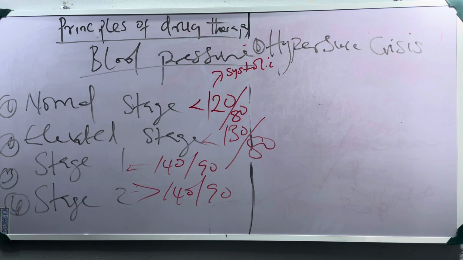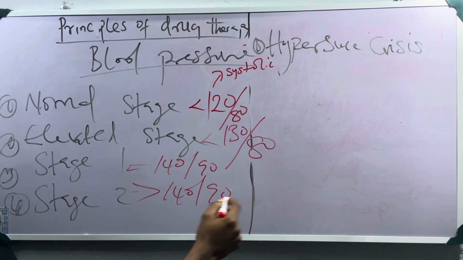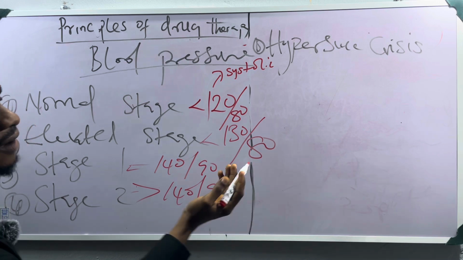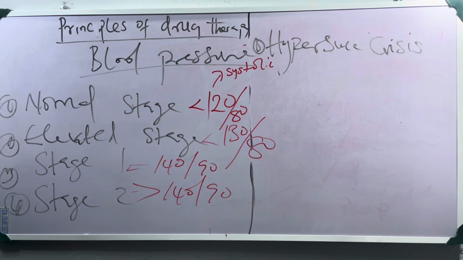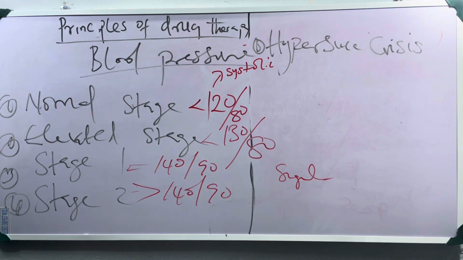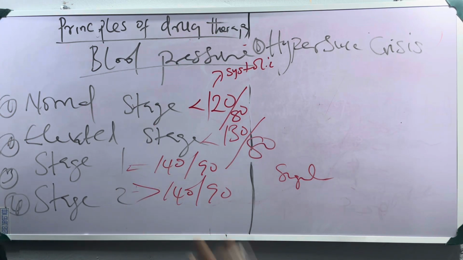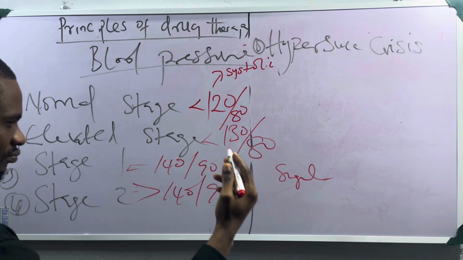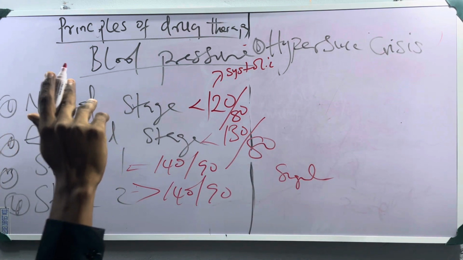You should also understand that if you have a patient who does not have any prior high blood pressure experience, it's advisable that you give a single therapy. If this person is having high blood pressure for the first time, you can give a single medication, maybe amlodipine.